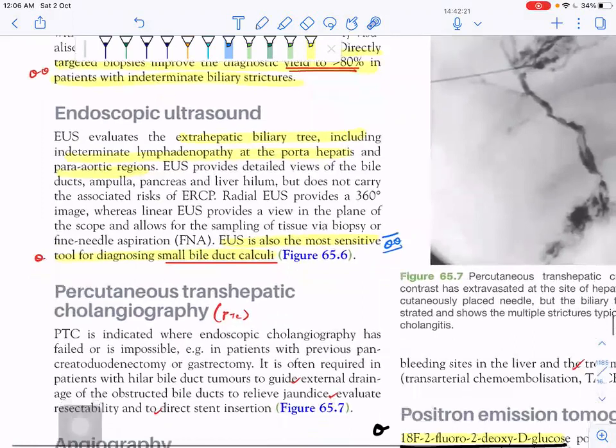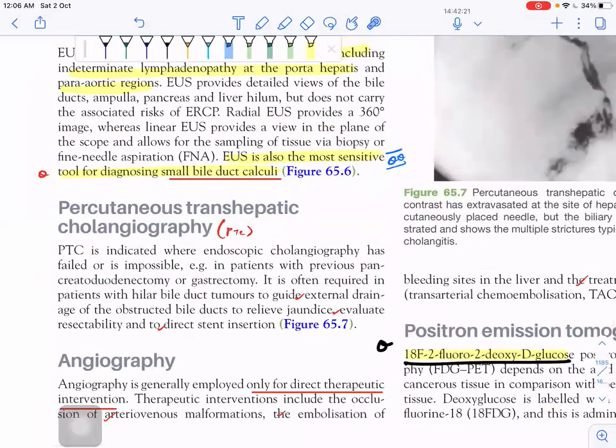Endoscopic ultrasound evaluates the extrahepatic biliary tree, including lymphadenopathy at the porta hepatis and the para-aortic regions. At the hilum it is very useful, and EUS is also the most sensitive tool for diagnosing small duct calculi. Very important MCQ: the most sensitive for diagnosing small bile duct calculi is EUS.